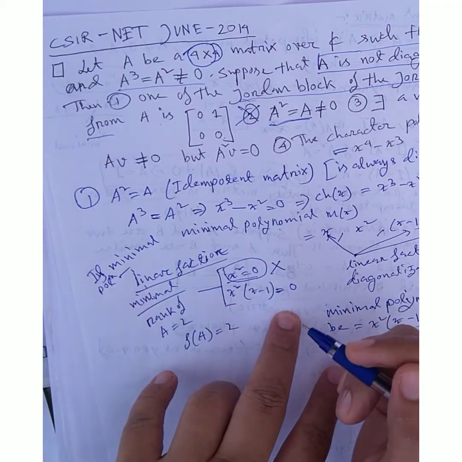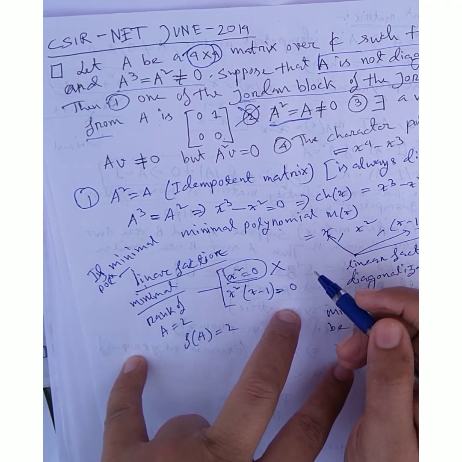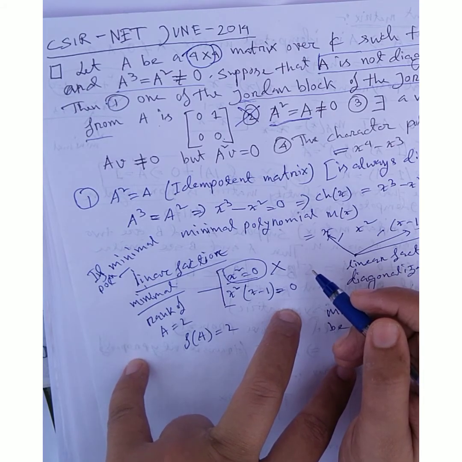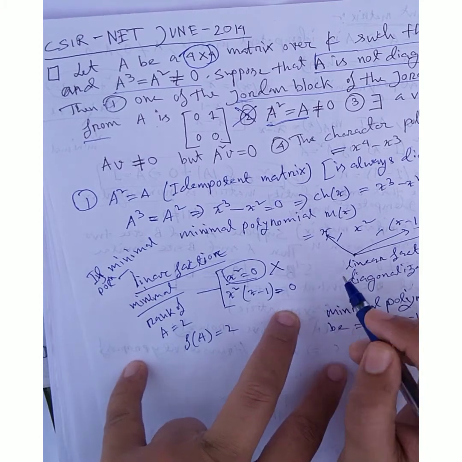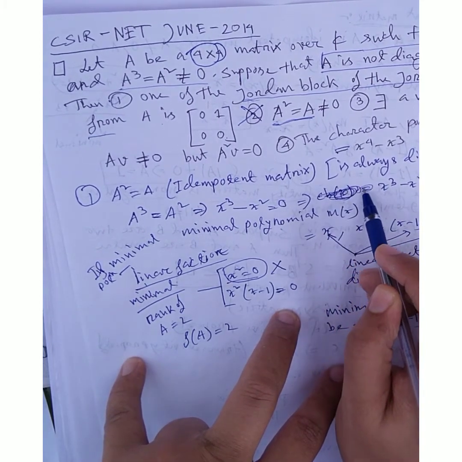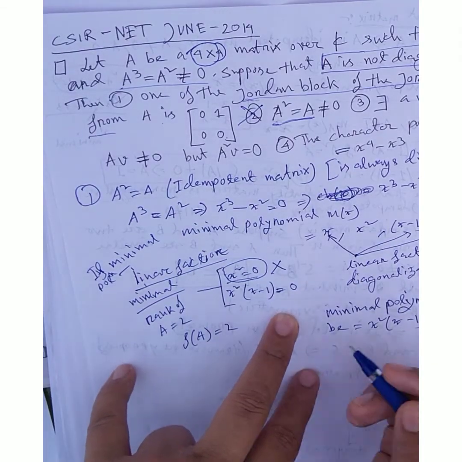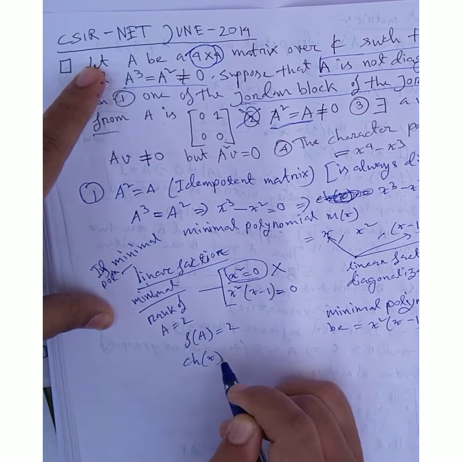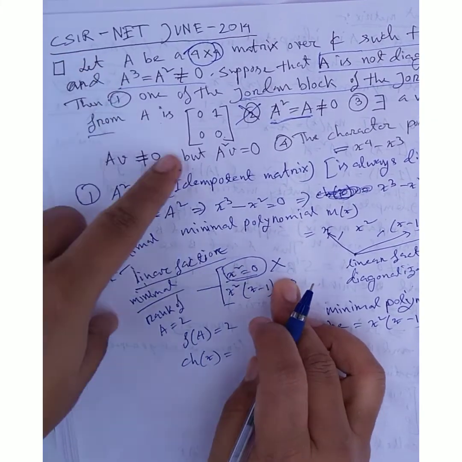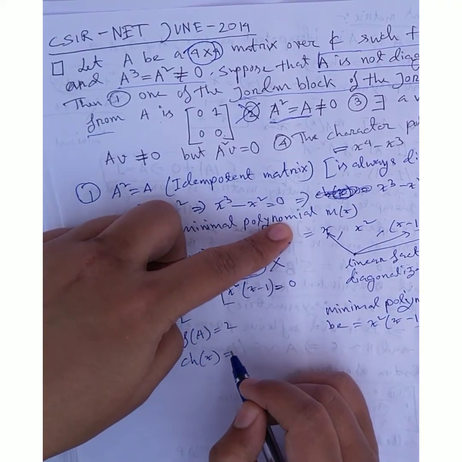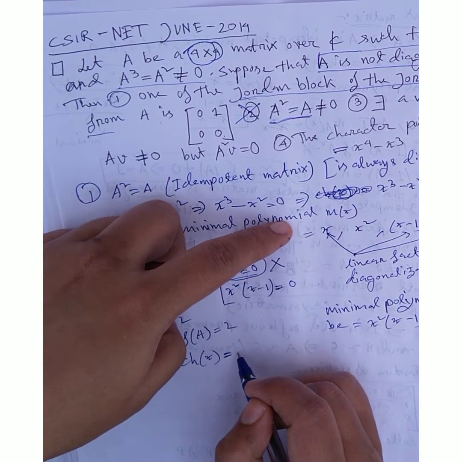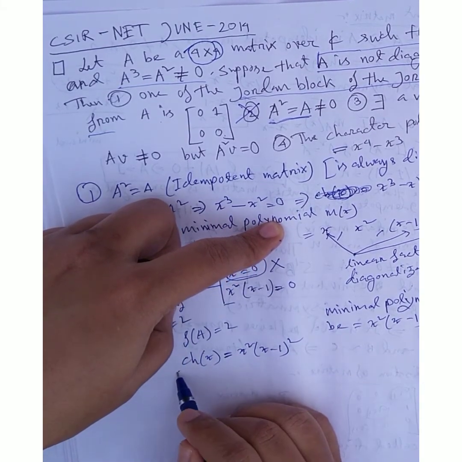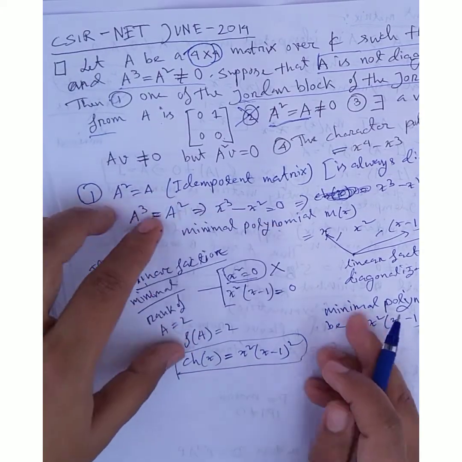And the characteristic equation, sorry, I can write this in polynomial way: the characteristic polynomial is x square into x minus 1 whole square.